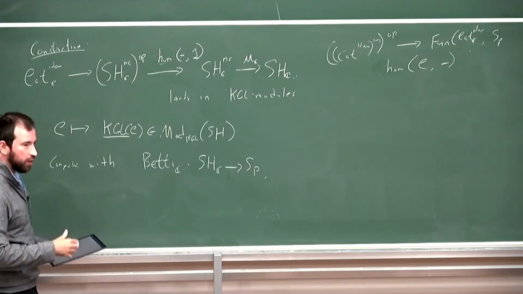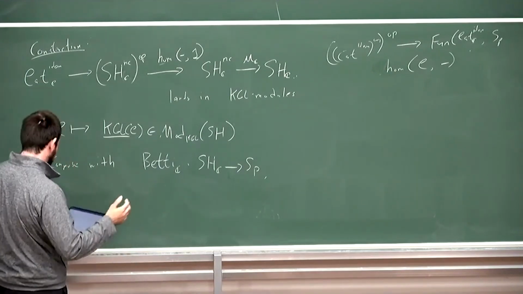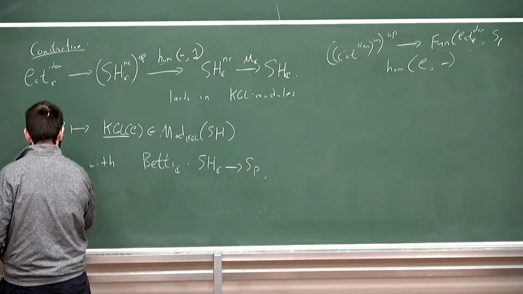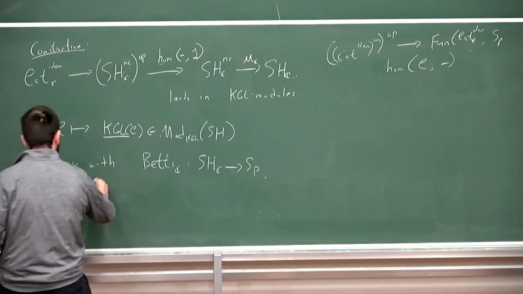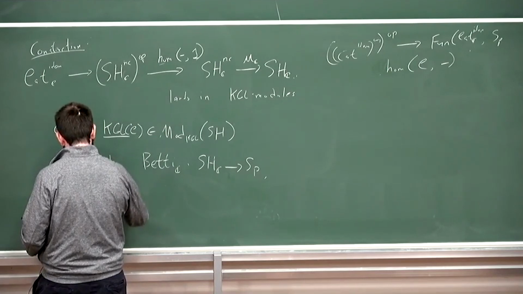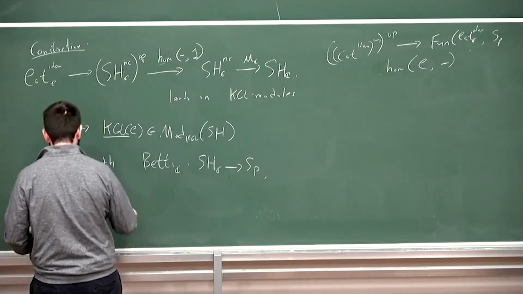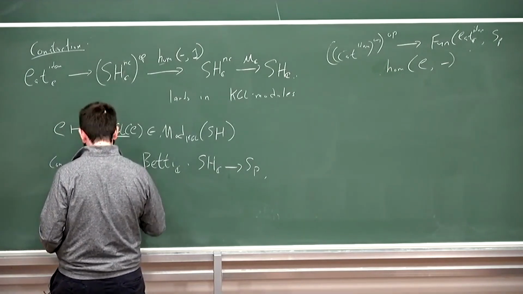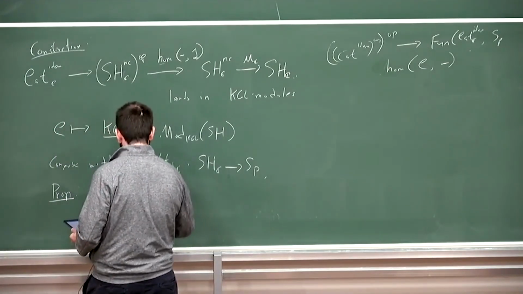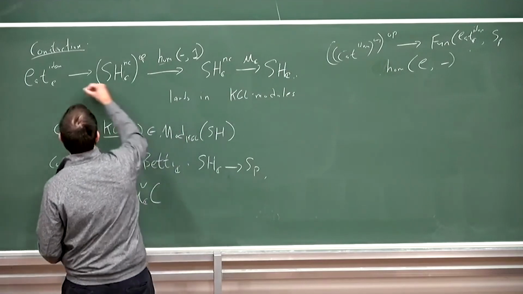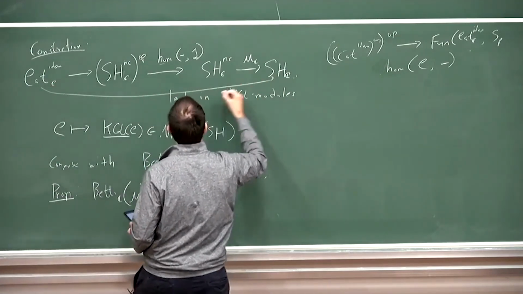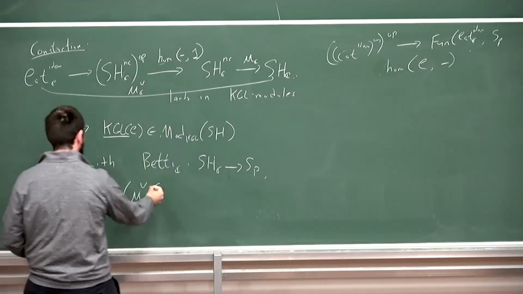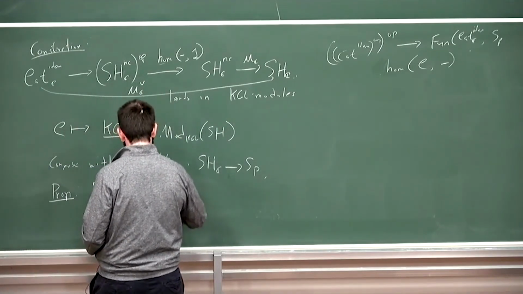This gives you something which is already 2-periodic, no need to invert a Bott element. I find this to be a nice perspective on this. So we can define topological K-theory also to be this composition, which I denote MC wedge.